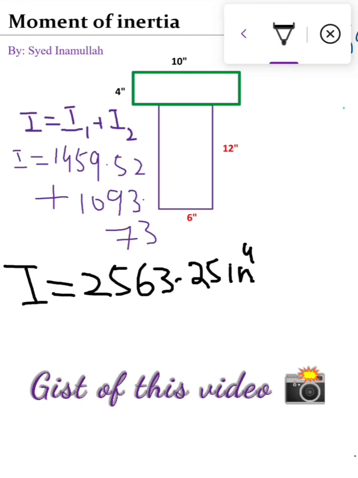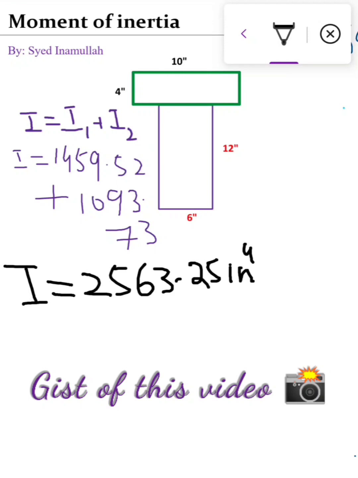In the third step, we will calculate the moment of inertia for figure 1 and figure 2 by using the parallel axis theorem, by choosing any axis as a reference axis and calculating the axis to axis dimension, which is represented by y. So by using the parallel axis formula, we will get the moment of inertia for figure 1 and figure 2.